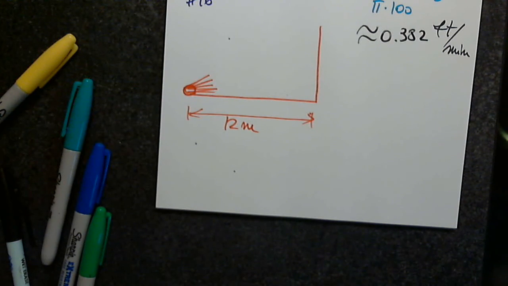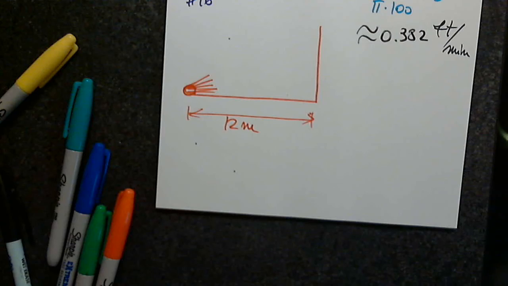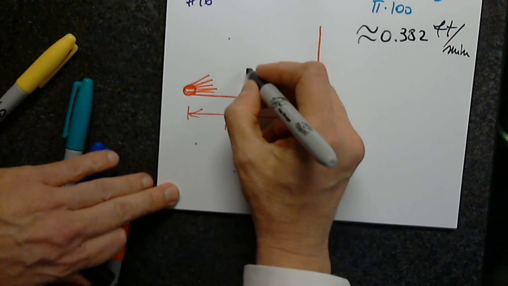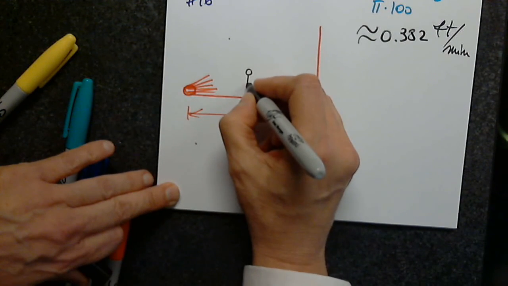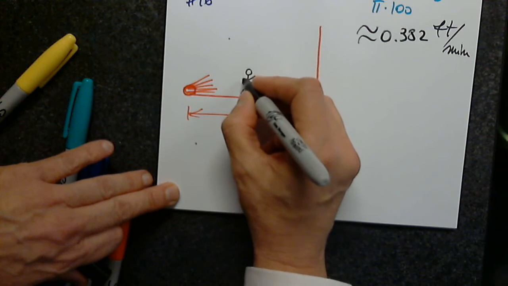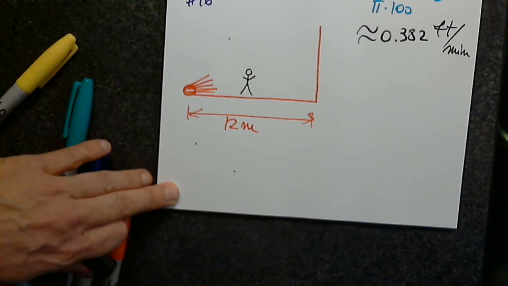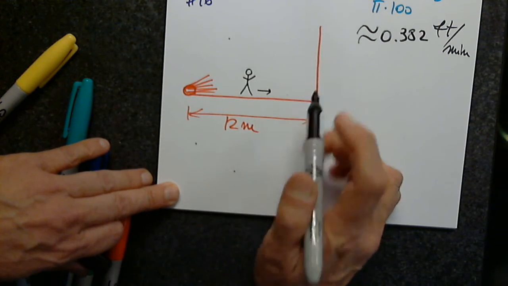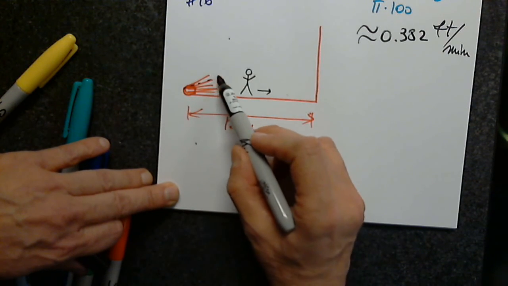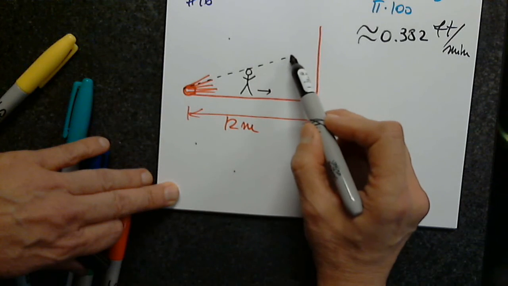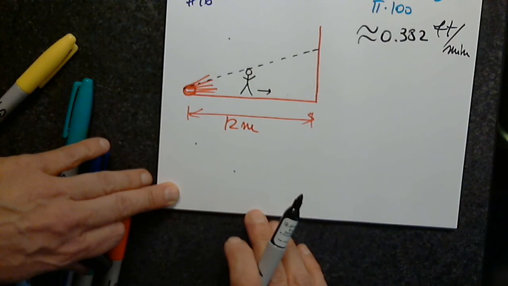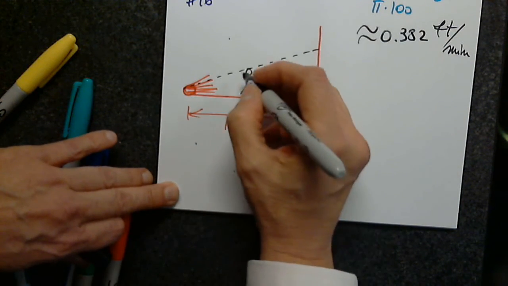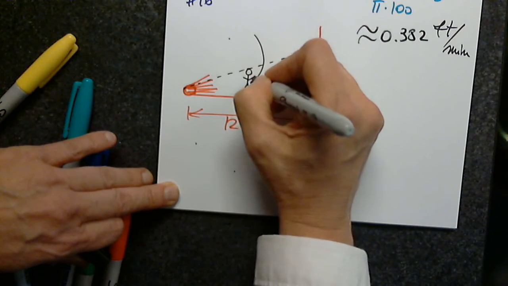If a man 2 meters tall walks from the spotlight towards the building, I can draw a man. He walks from the spotlight towards the building. He is 2 meters tall.